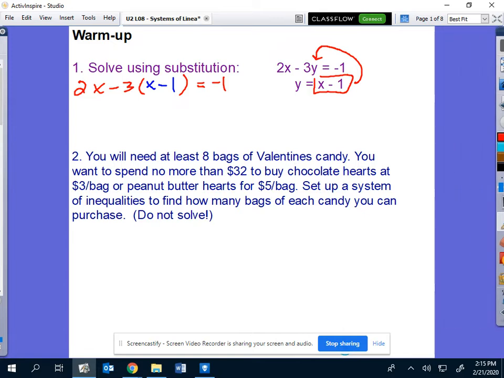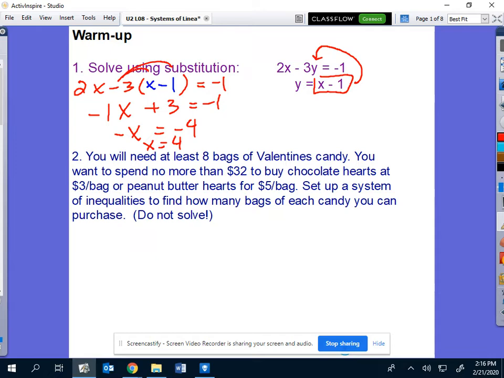We're going to go ahead and solve. So if we distribute the negative 3, we end up with 2x minus 3x, so that's negative 1x, and then a positive 3 when we distribute, so that still equals negative 1. So negative x is going to equal negative 4, which means x equals positive 4.